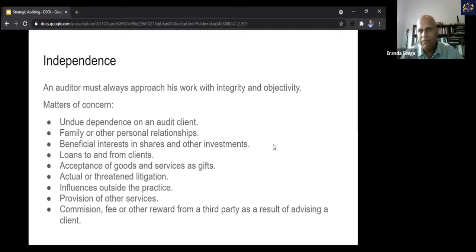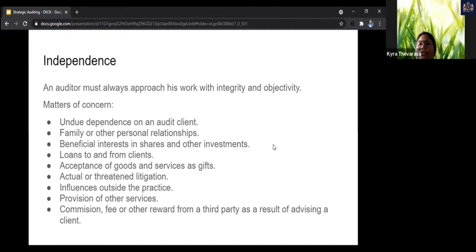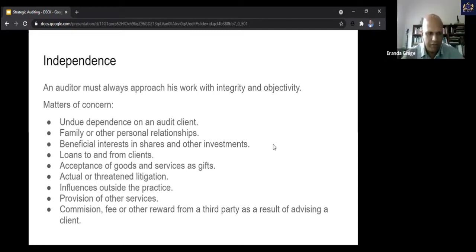Like if a large part of an auditor's income comes from one client, let's say the annual turnover of the audit firm is $1 million, and $500,000 comes from one client.